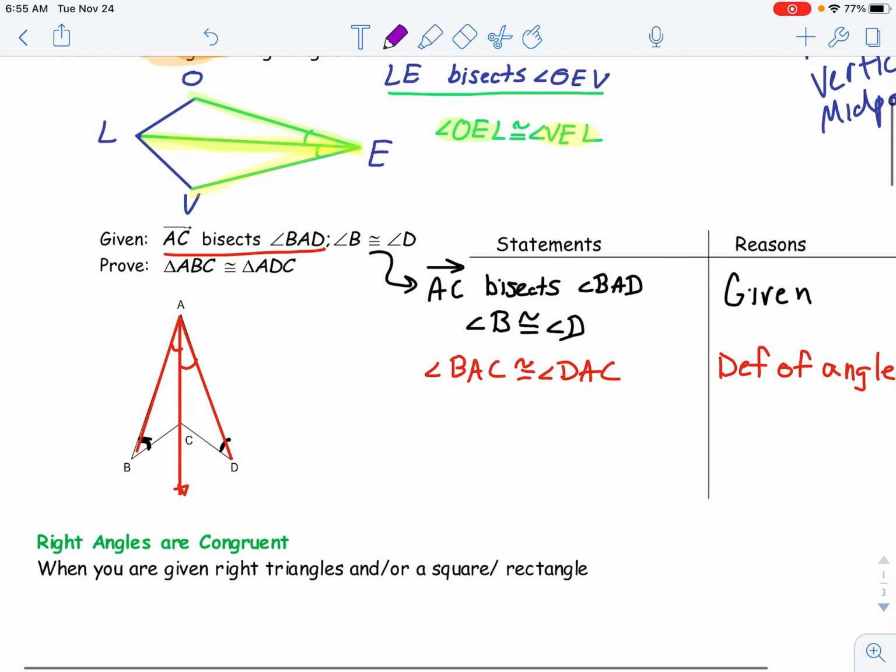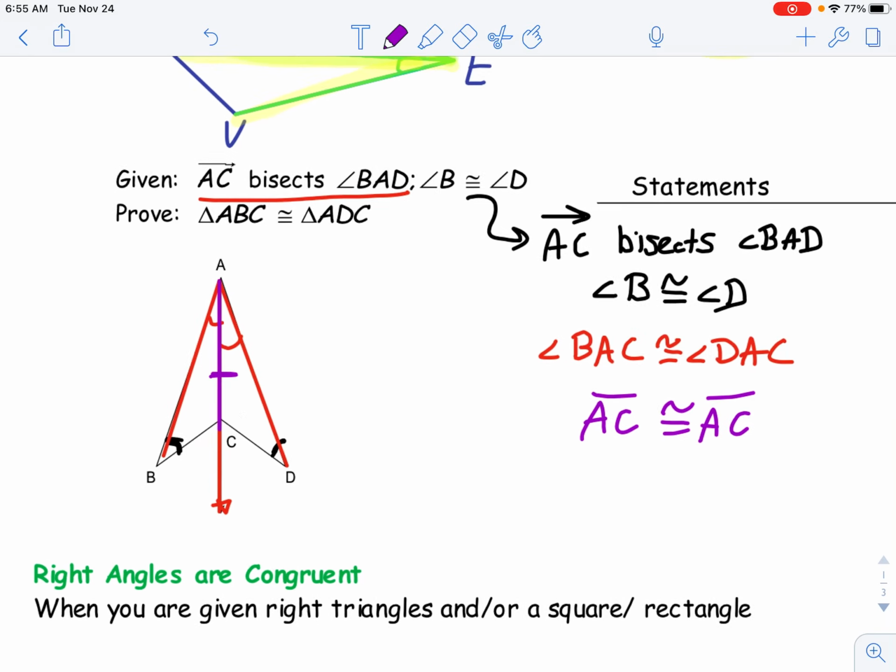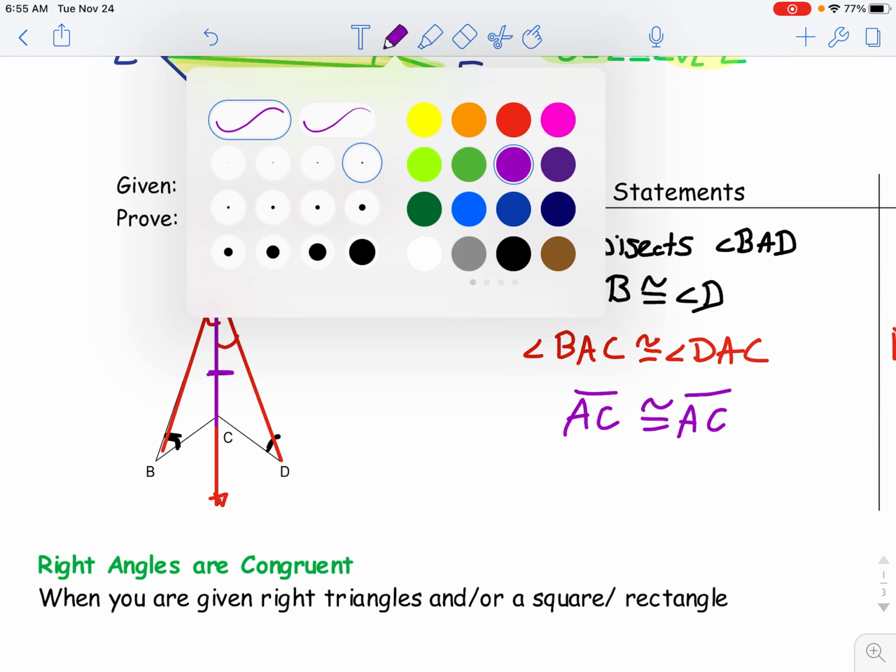Now something from yesterday, something we're going to see a lot, is that this shared side, AC, is congruent to itself. You have to know that by looking at the picture. All right, AC is congruent to AC, reflexive property. All right. So now looking at this, what do I got going on here?